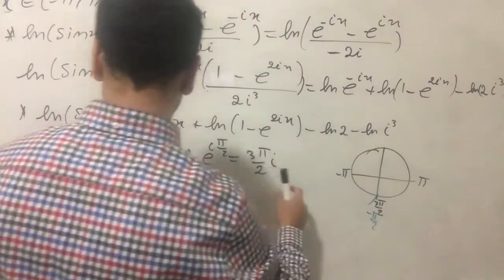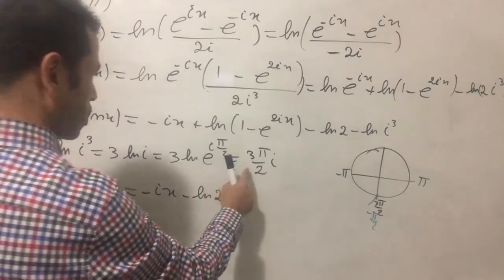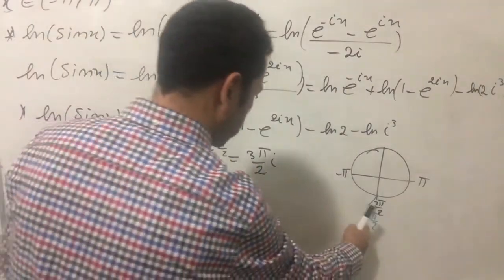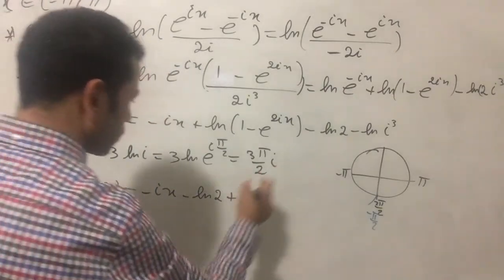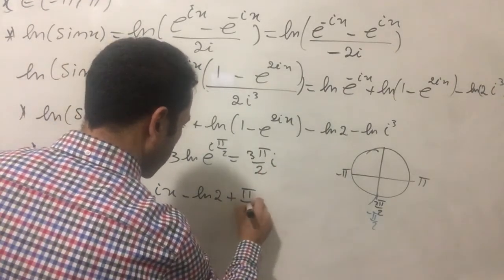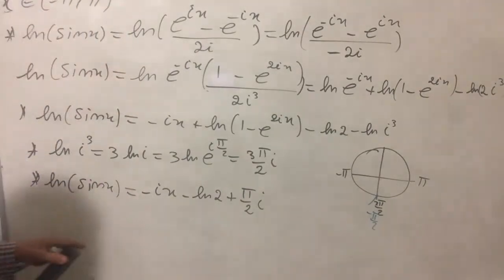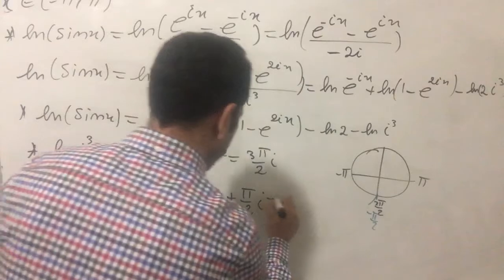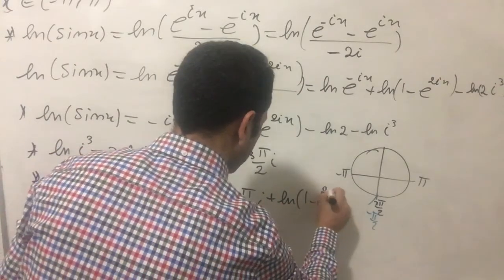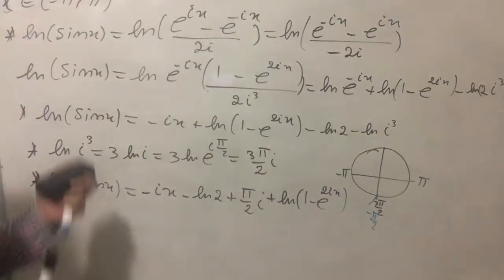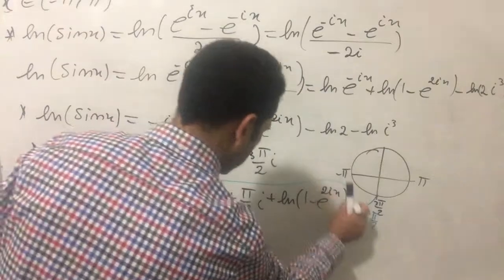We already proved this term, 3 pi over 2 i, is minus pi over 2 i, which with this minus sign becomes plus pi over 2 i. So now plus natural log of 1 minus e to the 2ix. This is the second equation that I have ended with.